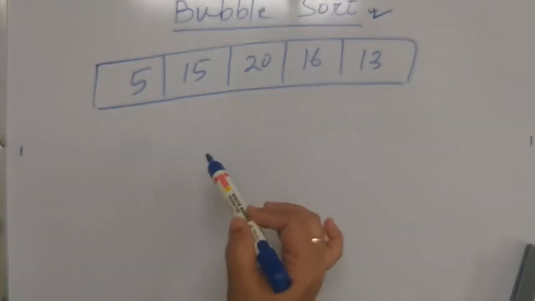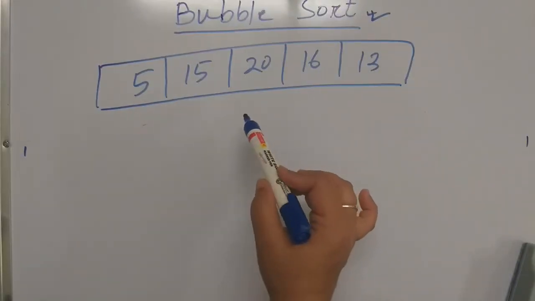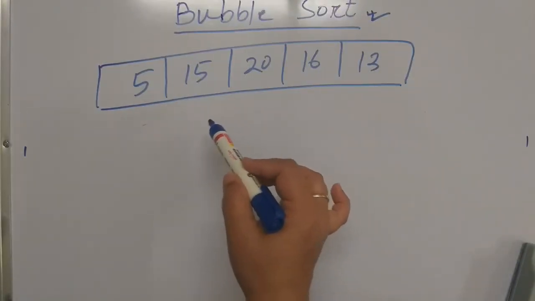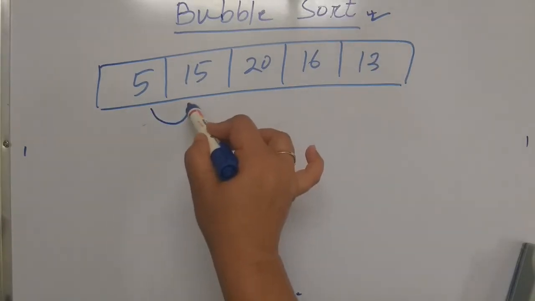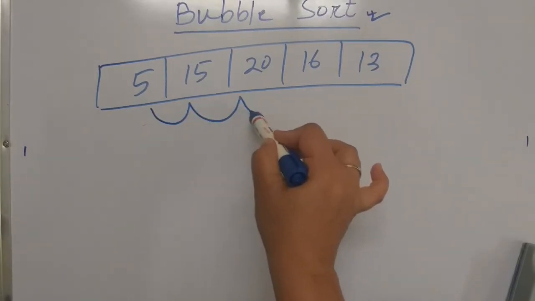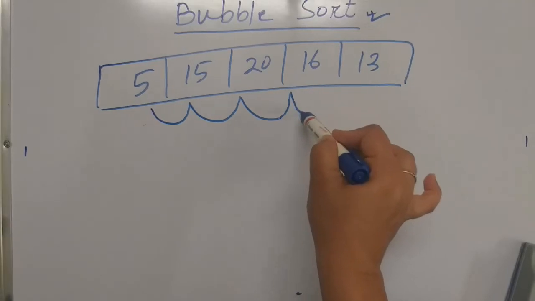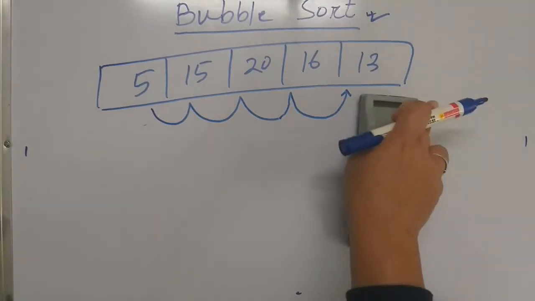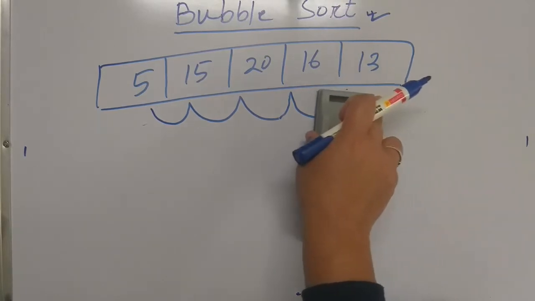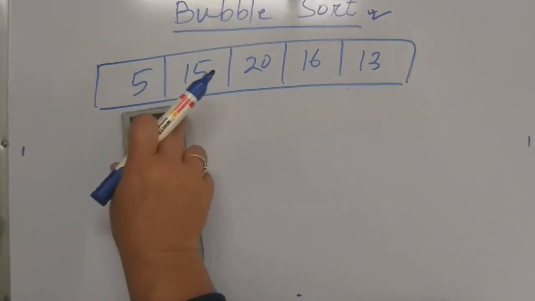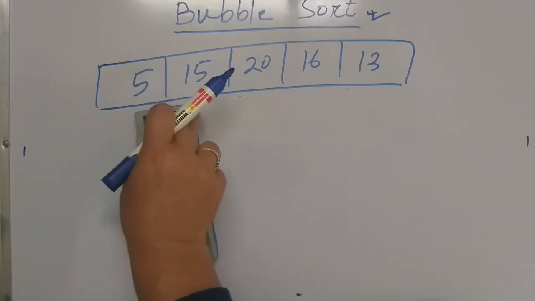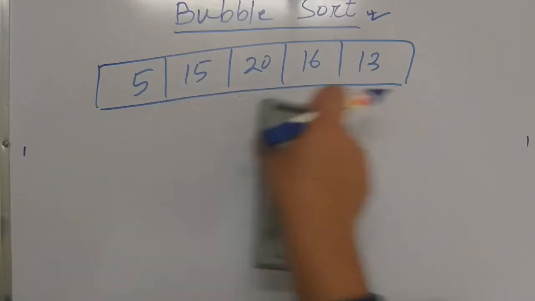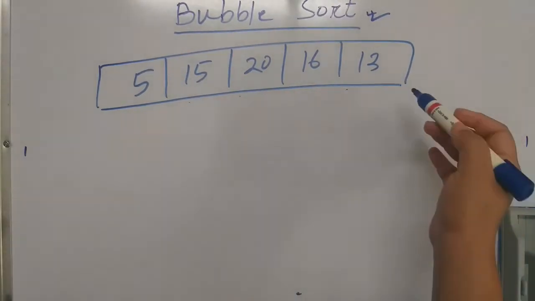Whenever we throw a stone into a pond, the bubble moves outward and finally disappears. The movement of the sorting is like a bubble, so that's why we call it bubble sort.